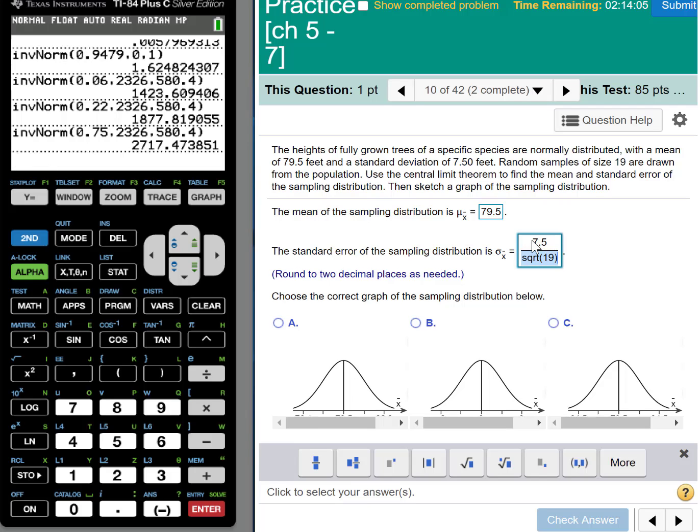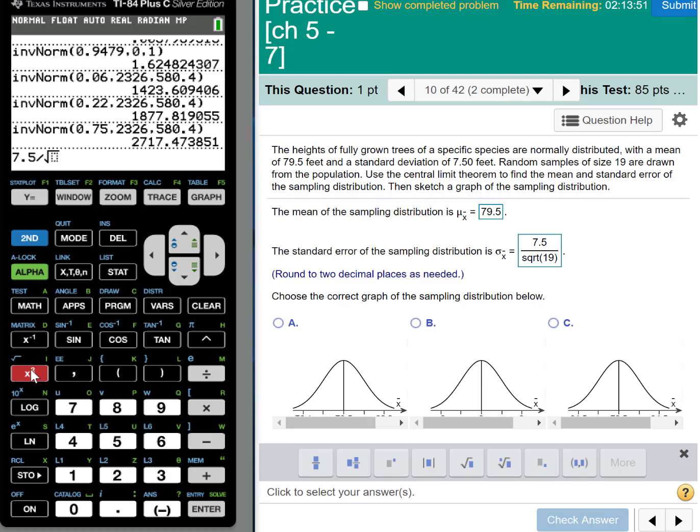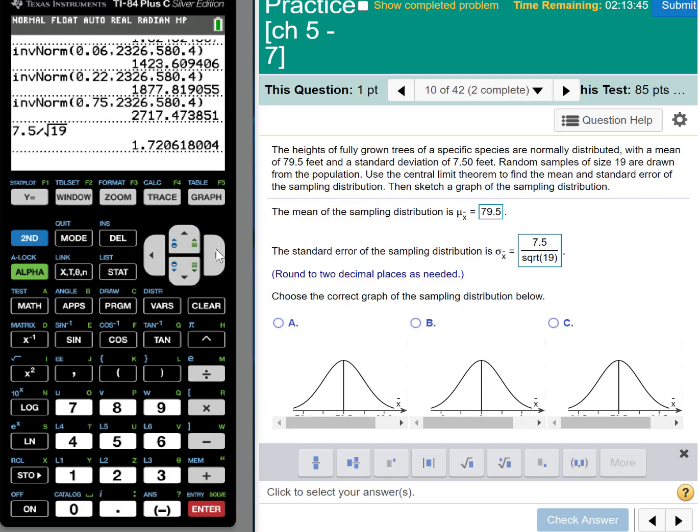Is it 19? Yes. So you do the math and put the answer there. If you do 7.5 divided by the square root of 19, what do you get? It's about 1.7.